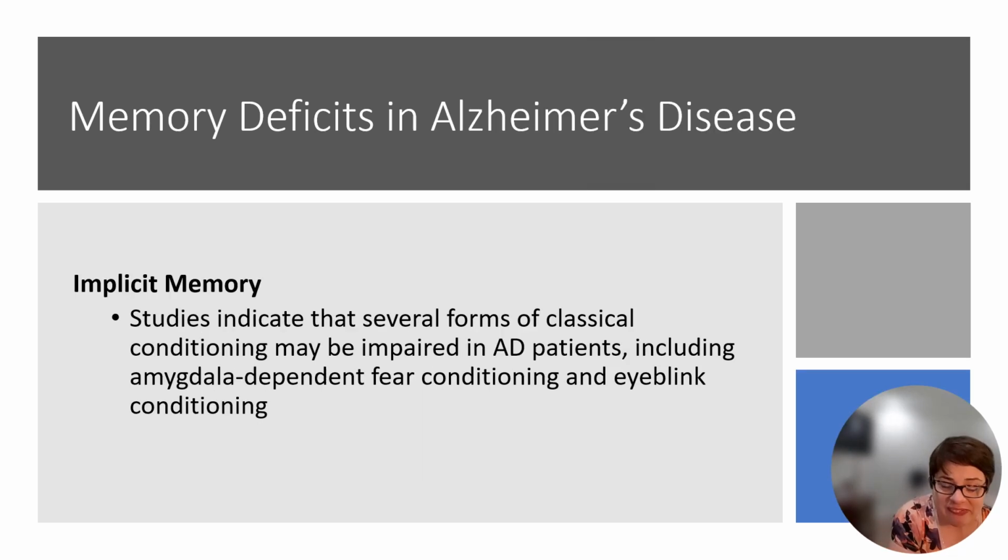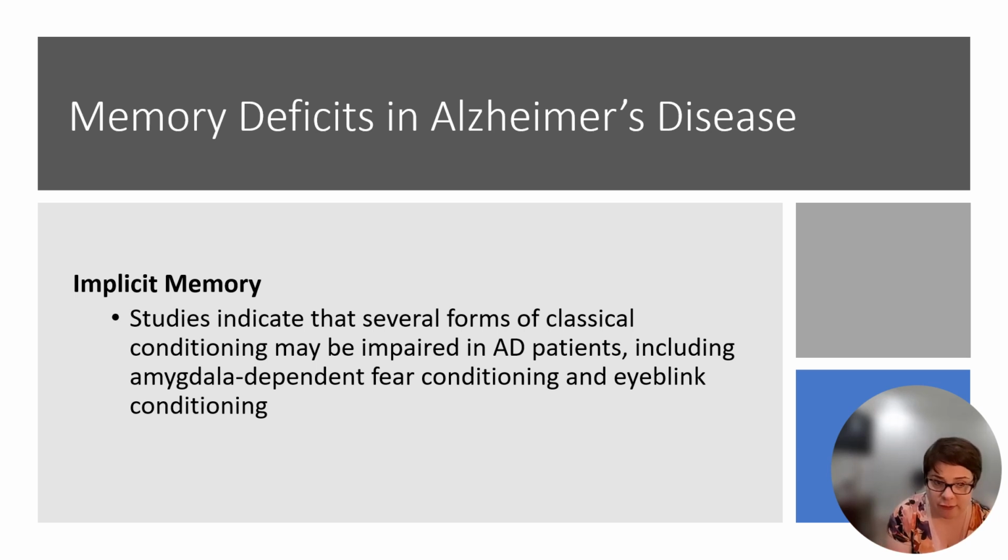Studies also indicate that several forms of classical conditioning are impaired in Alzheimer's patients. For example, fear conditioning and eye blink conditioning are very much disrupted, which makes sense because fear conditioning is dependent upon the amygdala, a structure adjacent to the hippocampus and the entorhinal cortex.